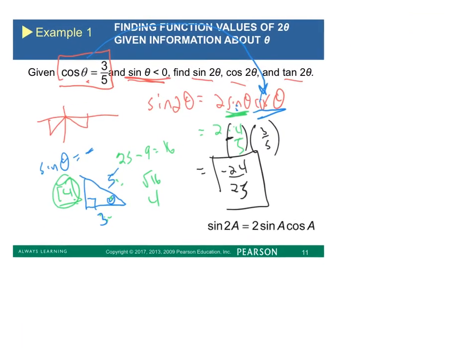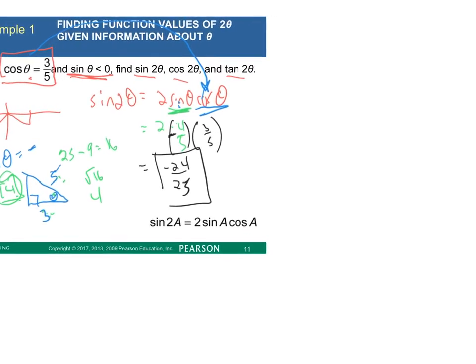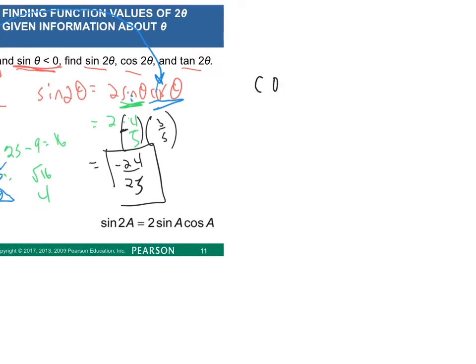Now we're going to do cosine of 2 theta. And as I told you, there's 3 of them. I'm showing you what I'd be doing. Cosine of 2 theta equals cosine squared theta minus sine squared theta. I already did all the work a minute ago.